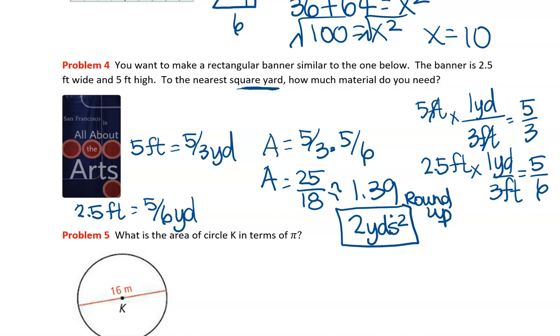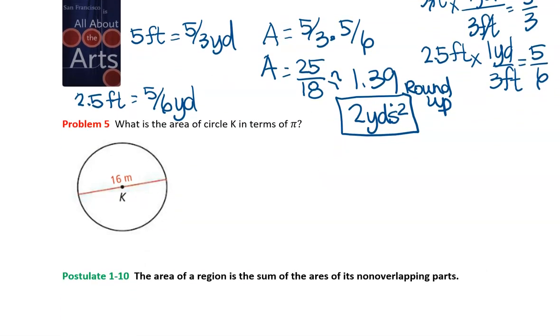Problem number 5. What's the area of the circle in terms of pi? First, what you want to look at is the 16, the radius or the diameter. It's the diameter because it goes all the way across. So if we use our formula for area of a circle, we get pi times radius squared. That means we do need to know what the radius is.